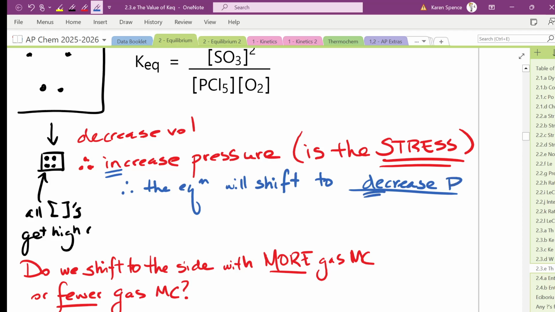We increase the pressure, so the system is going to shift to decrease the pressure. How is it going to do that? Would it want to make more gas molecules, or should it make more molecules into fewer molecules? Do we want to go from fewer to more or more to fewer? More to fewer. Okay, so we want to shift to the side with fewer gas molecules.